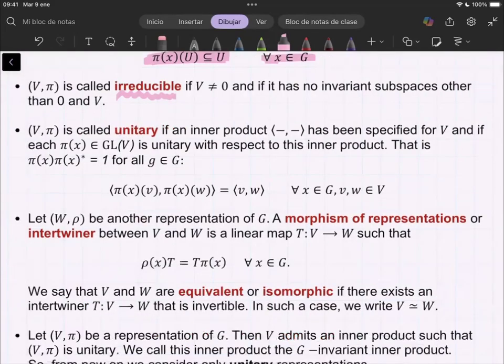A representation is called unitary if there is an inner product such that the action of the elements are given by unitary linear maps. What do we mean by G-invariant?